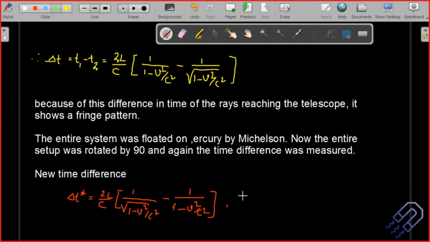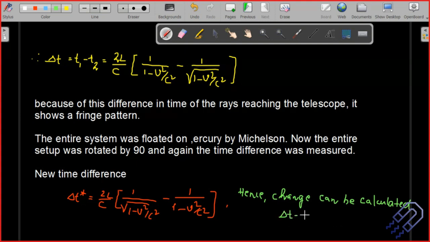So hence, the change can be calculated. Change of what? Change of time can be calculated when the entire setup is rotated. And what is that change? This is nothing but delta t minus delta t star.